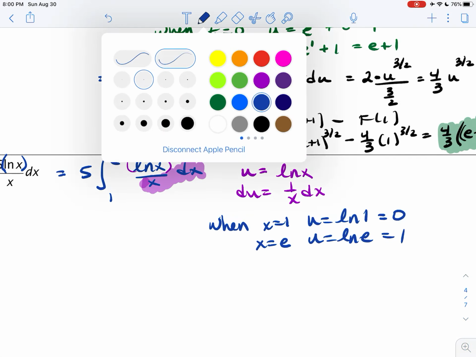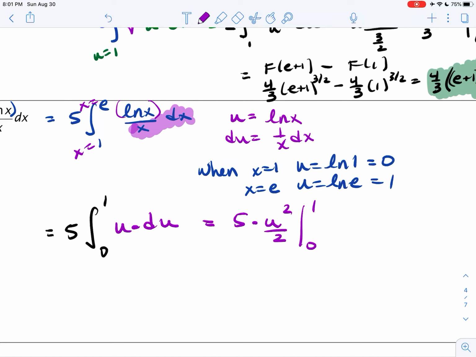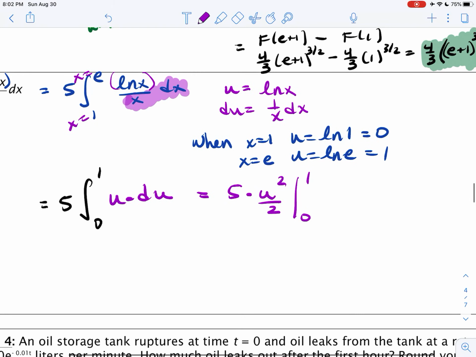And that's an easy integral to evaluate, and I get 5 times u squared over 2, evaluated from u equal to 0 to u equal to 1. I don't back substitute because I've changed my limits of integration. If I did not change my limits of integration, I would need to back substitute and then use my limits of integration with x.